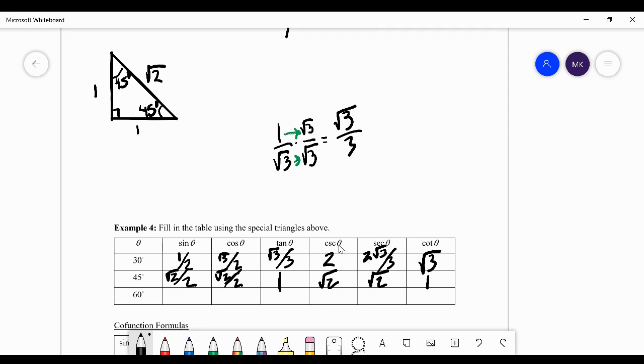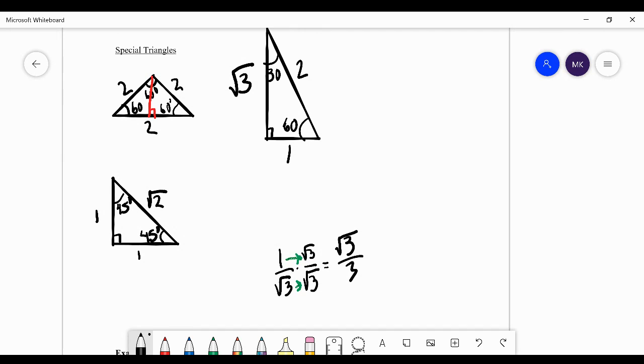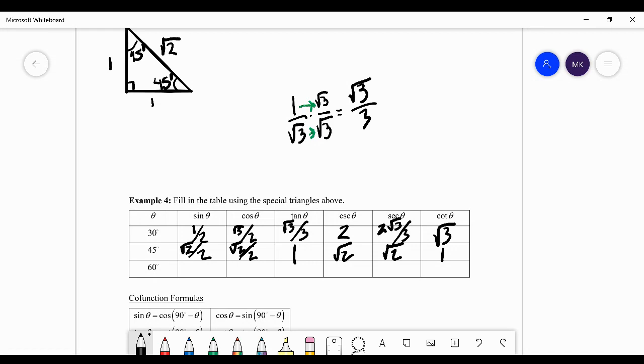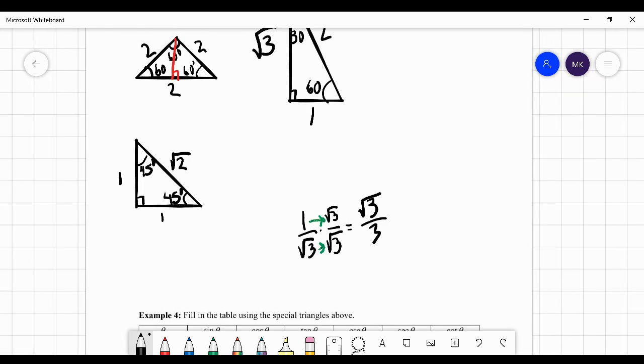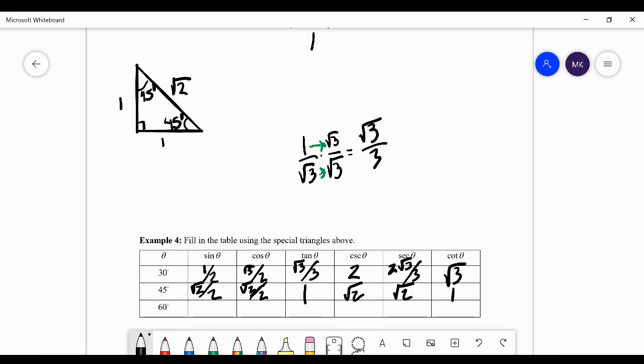So what about 60 degrees? If we look up there, the opposite side is root 3 and the adjacent side is 1. That's really similar to the 30 degree, right? The 30 degree was the other way around. Opposite was 1, adjacent was root 3. So sine of 60 is opposite over hypotenuse, root 3 over 2, which was just the cosine of 30.